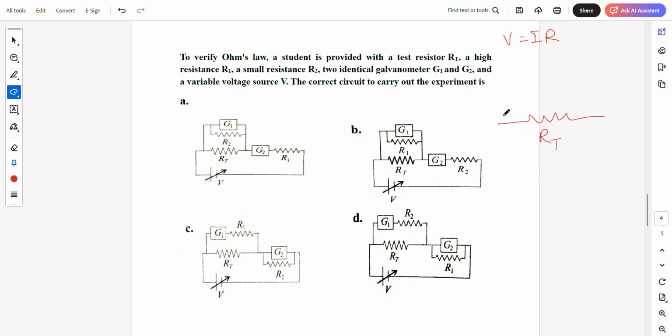Now to measure voltage, we have to connect a voltmeter across it. To measure current, we have to connect an ammeter in series. Always the ammeter is connected in series.